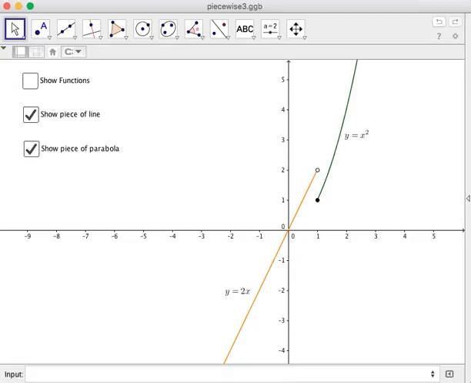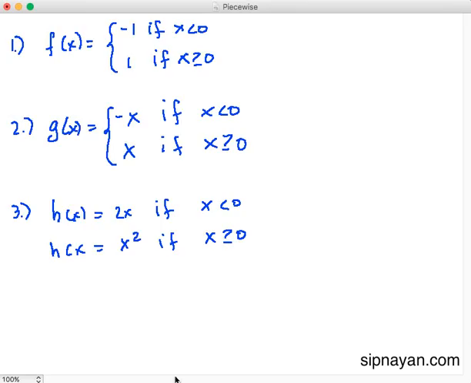And again, yung h of x pwede natin pag-isahin kasi isang function lang naman siya. So we can just type h of x equals 2x if x is less than 0 and x squared if x is greater than or equal to 0. Okay, so I hope meron kayo natutunan din sa video na to, no?